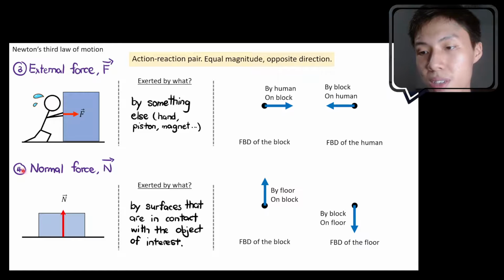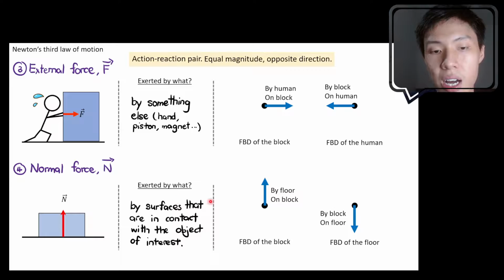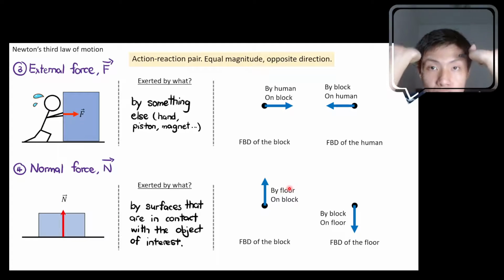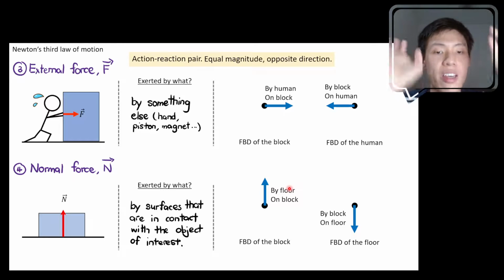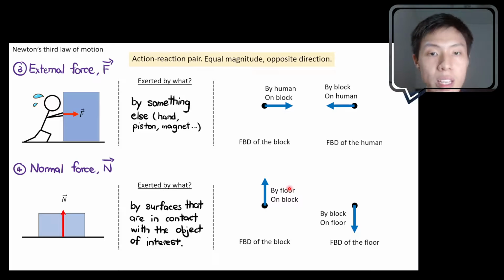Okay, the fourth situation, normal force. Here, we know that this normal force is pointing upwards, perpendicular to the surface, and this force is exerted by the floor on the block. So the floor is pushing upwards to support the block, preventing the block from falling, right? So what does it tell you?